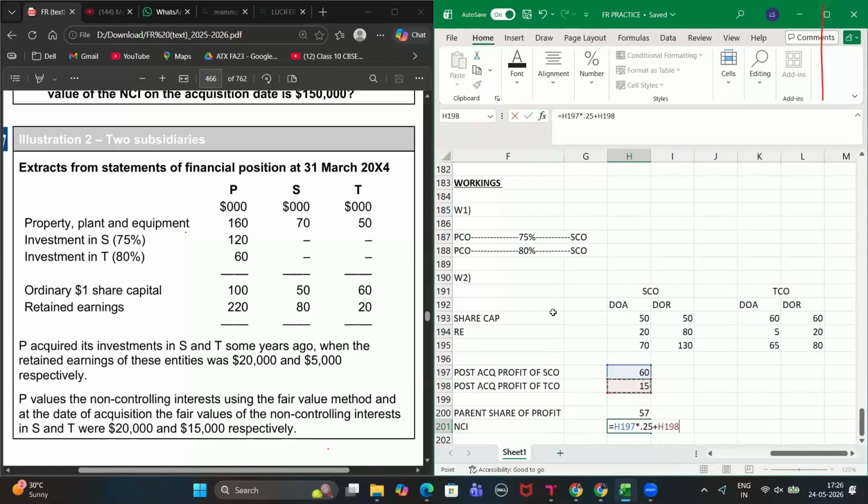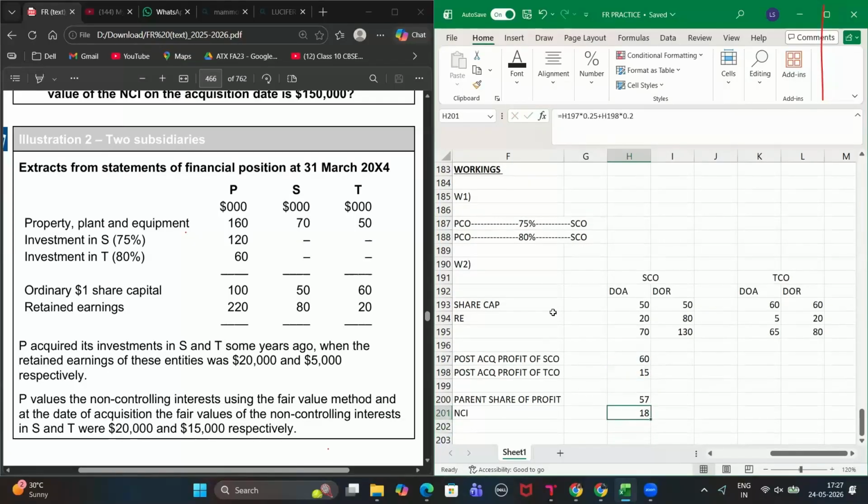Plus, in case of T company, it is into 0.2. It is 18.